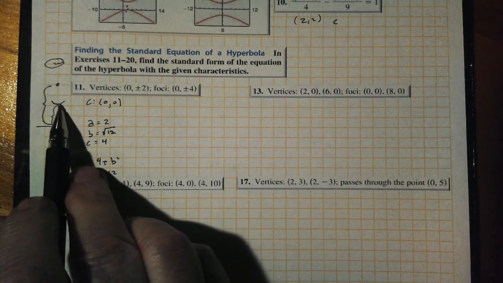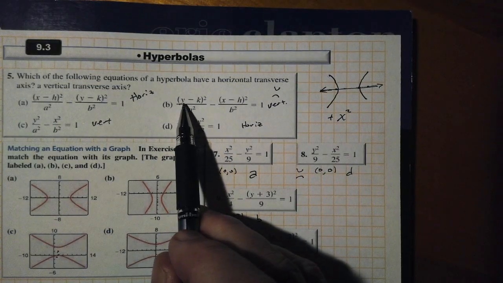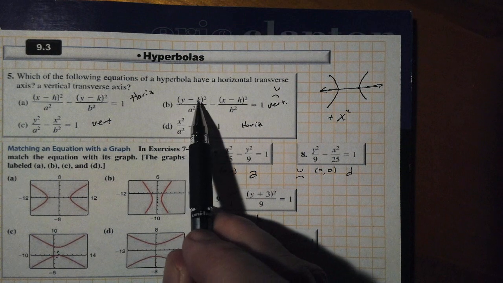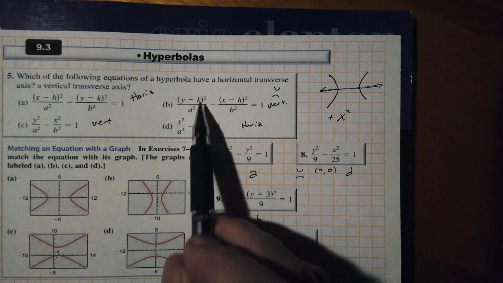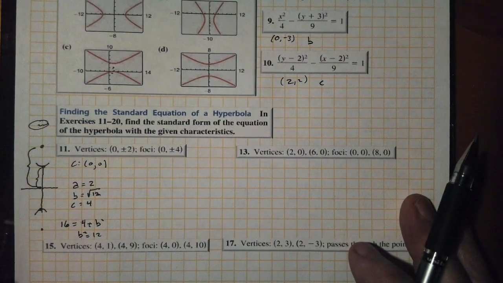This is a positive y squared. Here's the puzzle pieces. We know that we're a positive y squared. We need h, we need k, we need a, we need b, and we've got everything we need.